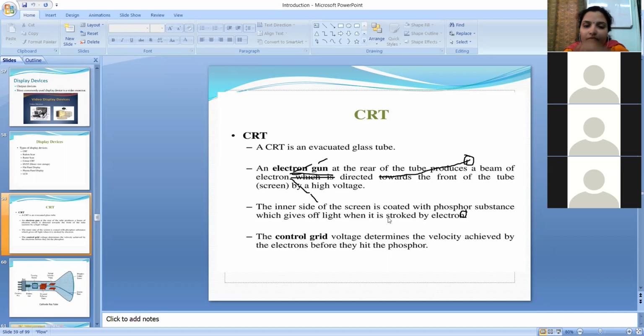electron beam. Then the control grid is nothing but it determines the voltage achieved by the electrons.